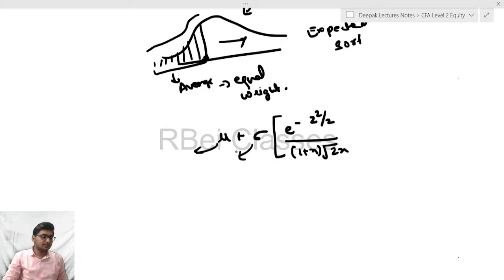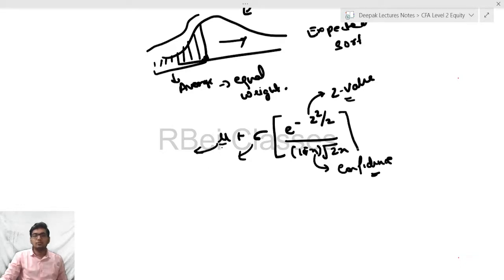Sigma, we know it's the standard deviation. Z is the z value, which will come from the probability table. What is x? X is the confidence interval. Sorry, this is going to be 1 minus x. So this is the confidence interval. Clear? In the question, all four pieces of information will be provided to you. You just need to put them into the formula to find the expected shortfall. Clear?